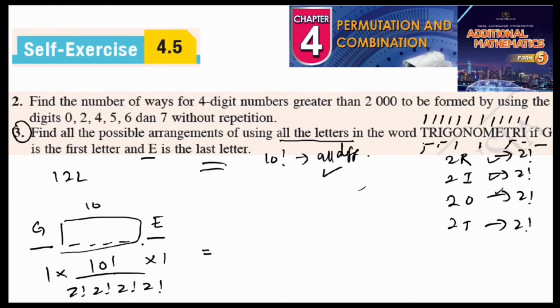Or you can use factorial, because factorial makes the working simpler. Instead of writing 10P10, isn't it easier to write 10 factorial? We prefer to write factorial. So the answer for this question is 226800.